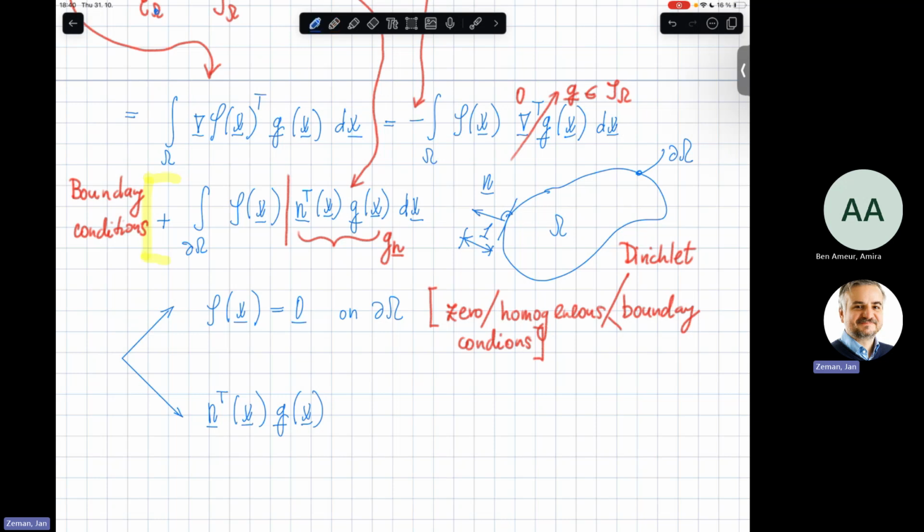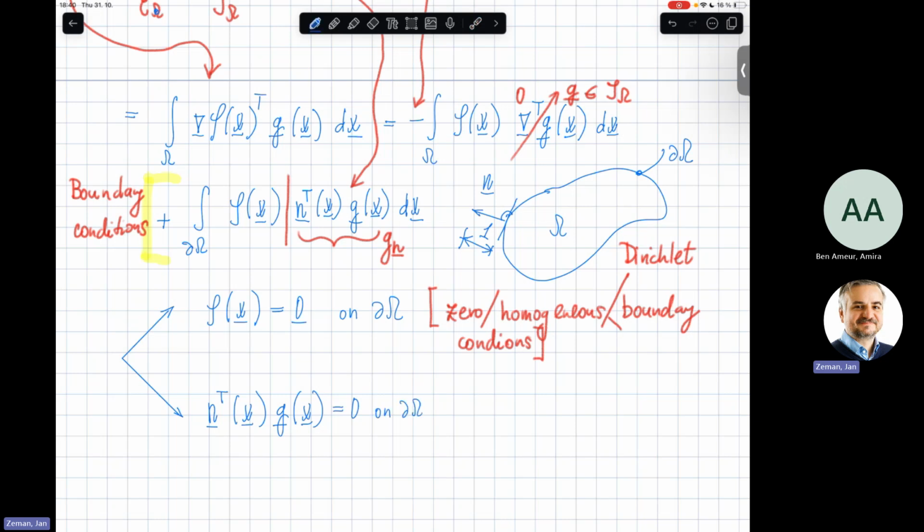I also have the opposite case in which I say that the second part of the product, which is the normal component of my flux vector, equals zero, which corresponds to perfect insulation or friction-free boundary conditions.